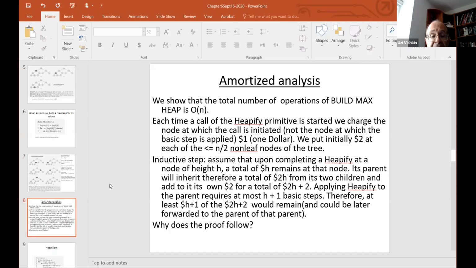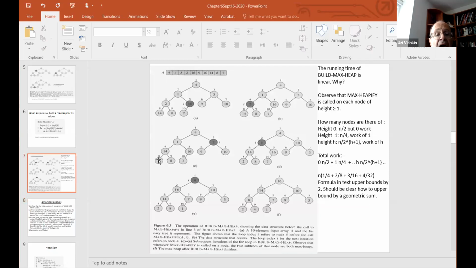So let's see how we are going to do that. In the beginning, we put $2 at each of the n/2, or n/2 minus 1, non-leaf nodes of the tree. In this example, we take the 5 non-leaf nodes of the tree, 1, 2, 3, 4, and 5, and we put $2 near each of them.